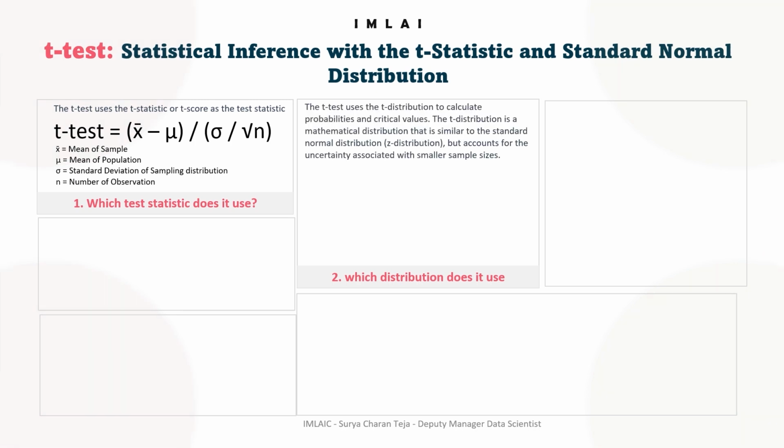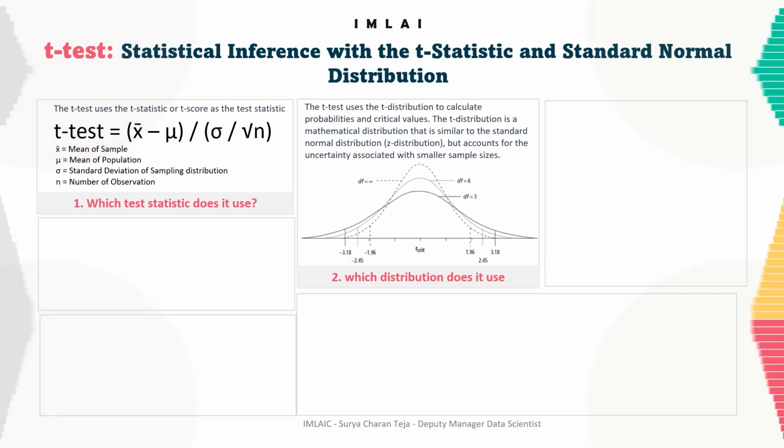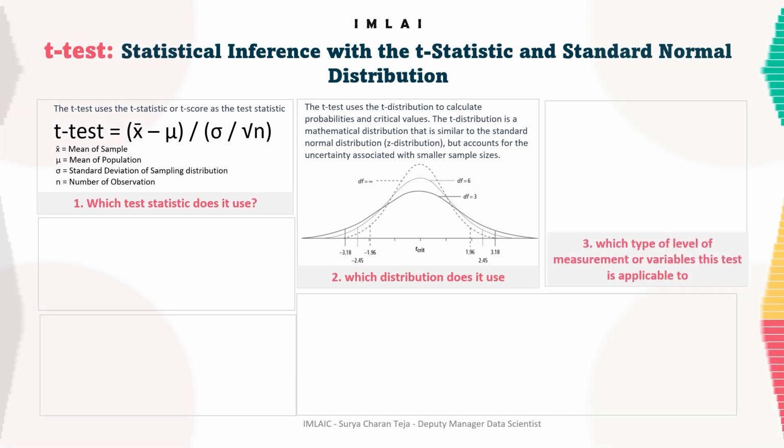The t-distribution is a mathematical distribution that is similar to the standard normal distribution, which is nothing but your z distribution, but accounts for the uncertainty associated with smaller sample sizes. This is also called the student's t distribution.